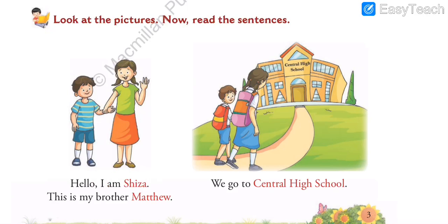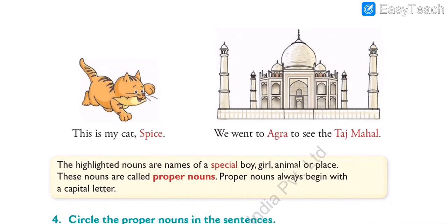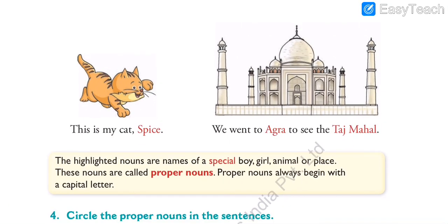For example, Rohan is a proper noun, Ibrahim is a proper noun. Even if you say Mahdi English Medium, that is a proper noun, because that is a proper name given to your school, correct? Your school is a proper noun. Why? Because Mahdi is only one, correct?